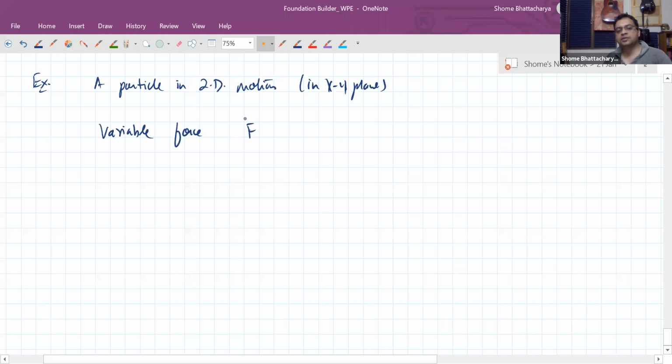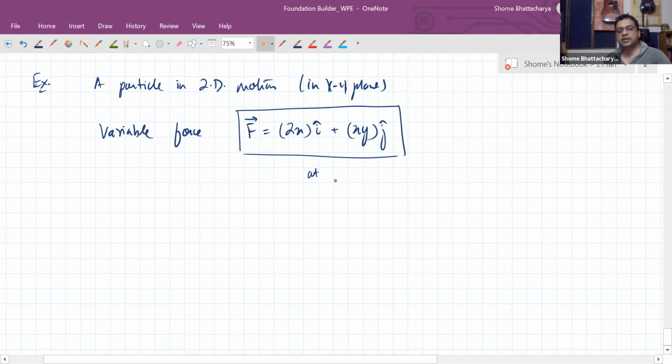But this time that variable force is given by this relation: it is, let's say, 2x i cap plus xy j cap, at a point x comma y. X is in meters, y is in meters. The force is in newtons.